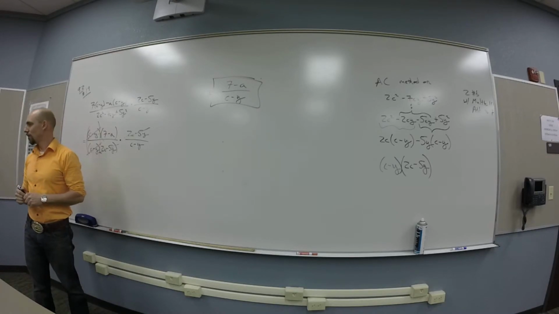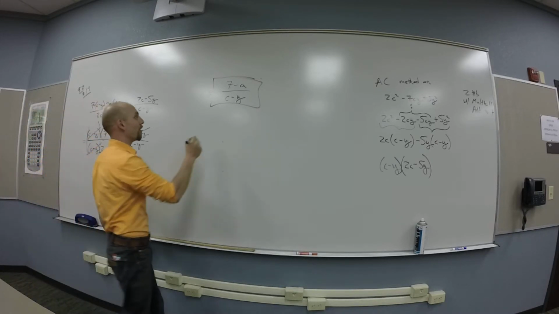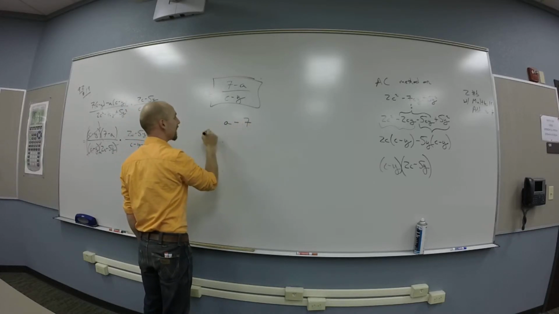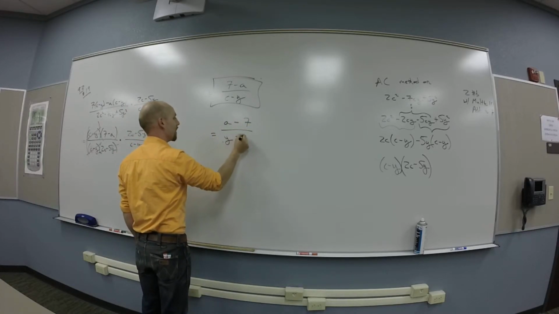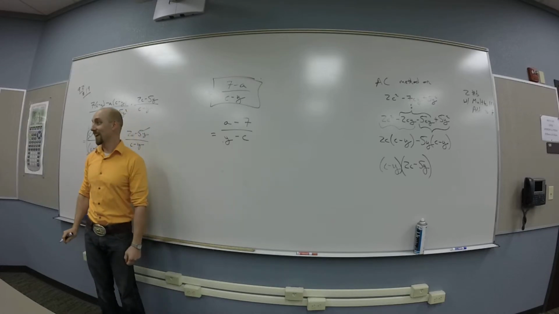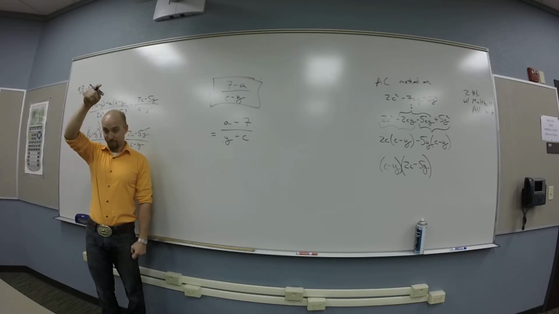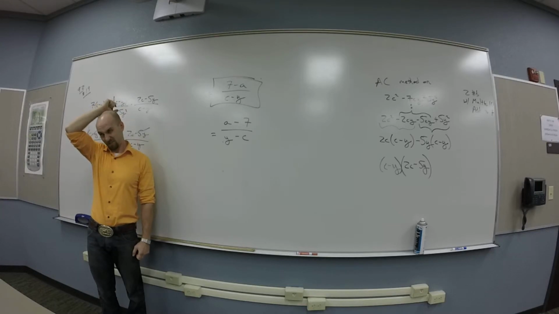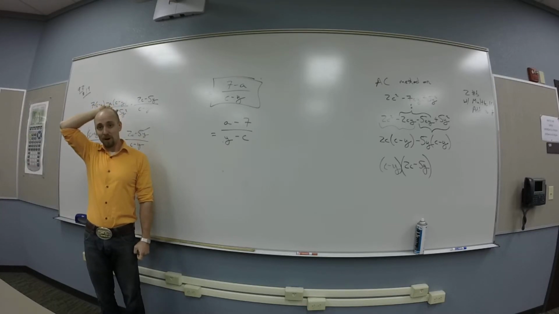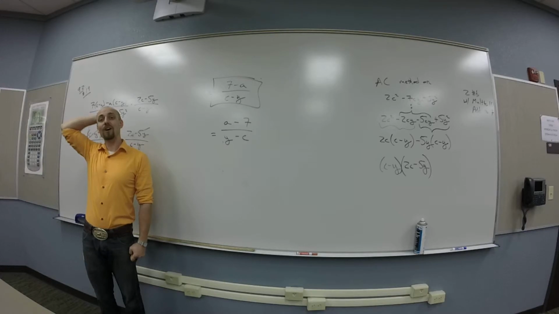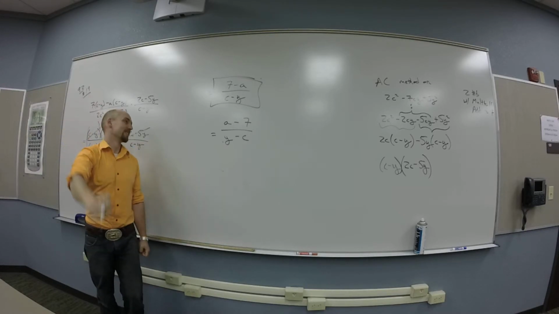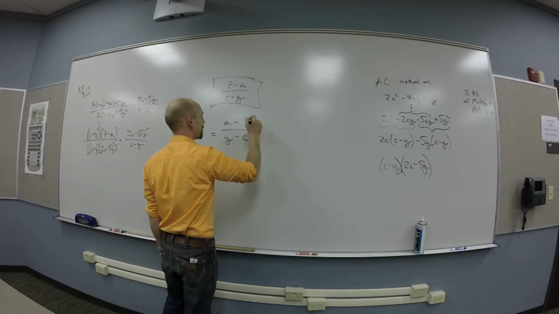I got that too, but the book comes up with minus 7 over y minus c. What the hell? They're the same thing, they're just backwards, multiplied by negative 1 twice, once on top and once on the bottom.